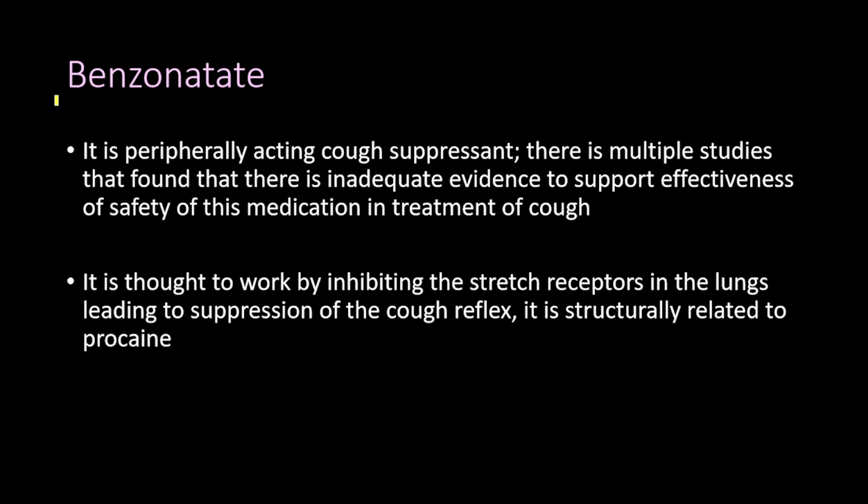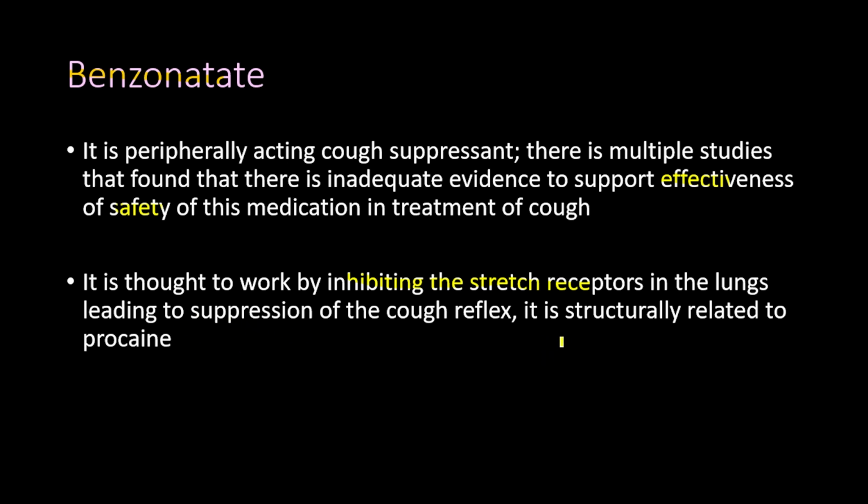Finally, let's talk about the benzonatate. So the benzonatate is a peripherally acting cough suppressant, and there are multiple studies that found that there is inadequate evidence to support the effectiveness and safety of this medication in treatment of cough. Now, the benzonatate is thought to work by inhibiting the stretch receptors in the lungs, leading to suppression of the cough reflex.